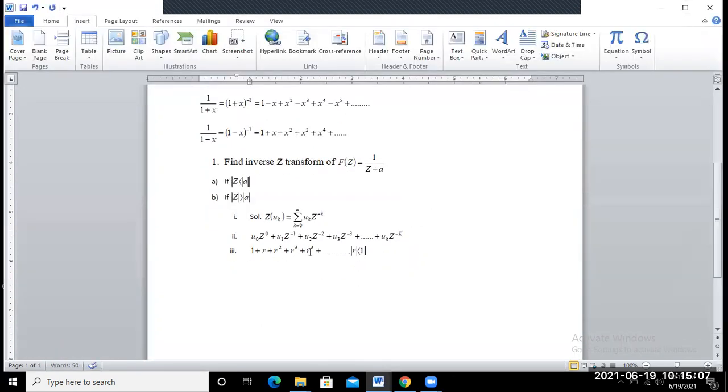So it is a geometric series, that means GP. The summation of this series up to infinity can be written as 1 by 1 minus r when magnitude of r is less than 1.